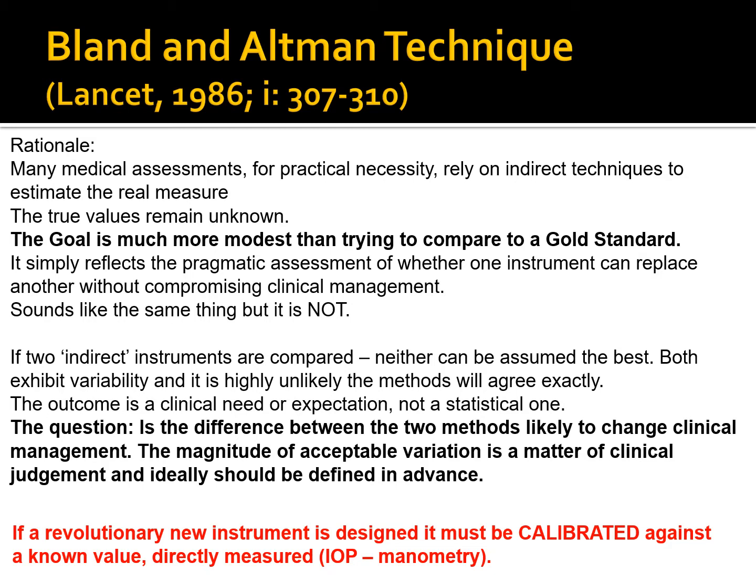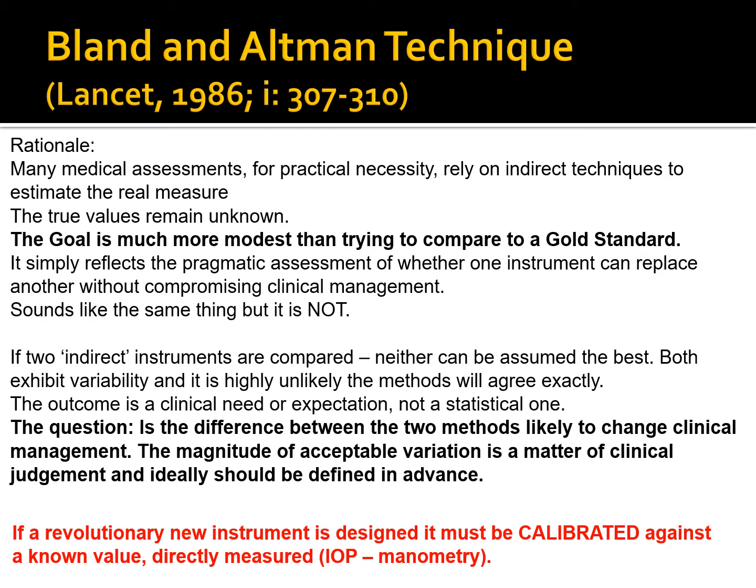So you don't do the statistical technique and find out your 95% limits of agreement and then say, yes, this proves this, that, or the other, or it proves that we've got to keep using GAT or whatever it might be. That's not the point. You've got to say up front what you're prepared to accept as a clinician, not as a statistician or a paper writer, but as a clinician. What are you prepared to accept in the assumption that it will not change your clinical management?